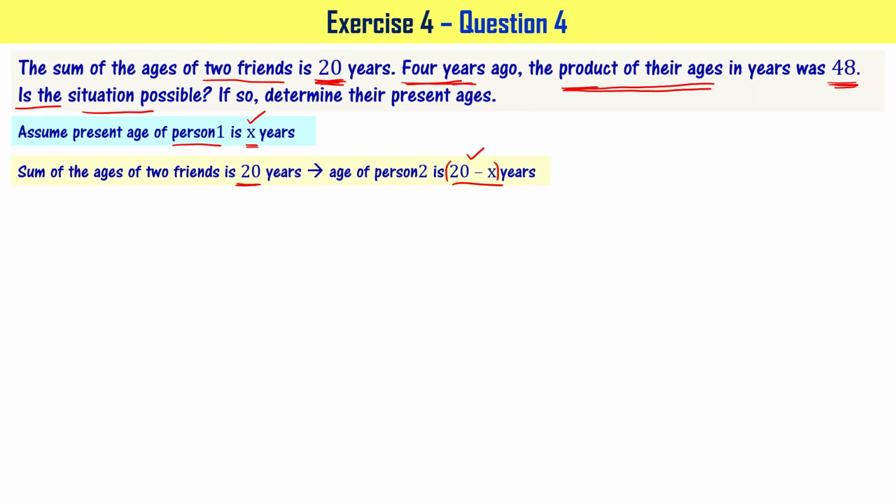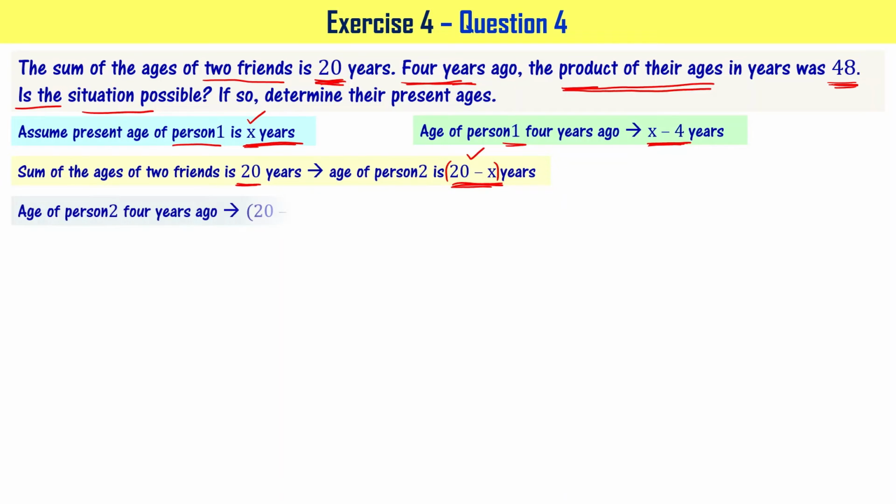Now, let's go back 4 years. 4 years ago, person 1 is going to have age x minus 4 years, right? x is the present age and 4 years ago, that's why we have written it as x minus 4 years. Now, for person 2, the present age is 20 minus x years. 4 years ago, it is going to be 20 minus x minus 4.